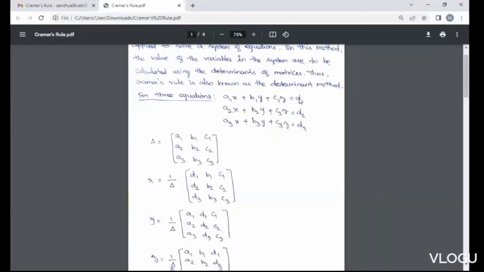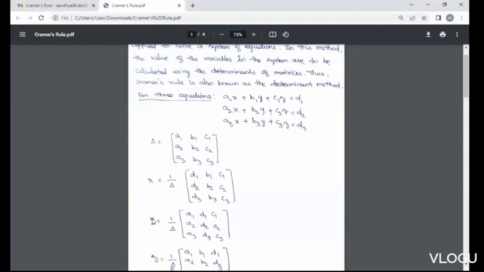In the given equations, the RHS values are d1, d2, d3. So the first column is replaced by the RHS values d1, d2, d3, and the second and third columns remain the same.